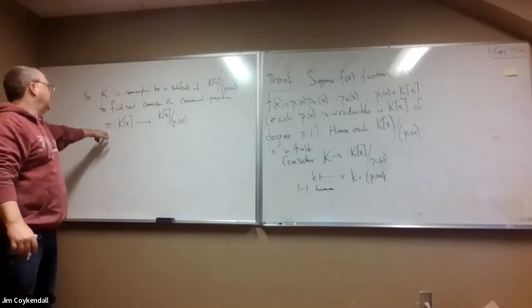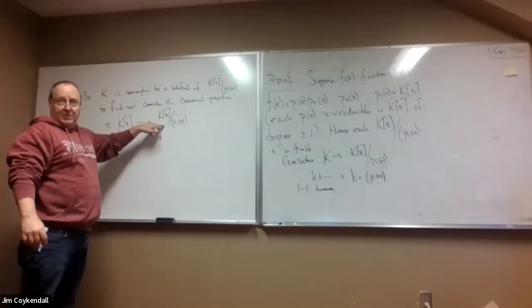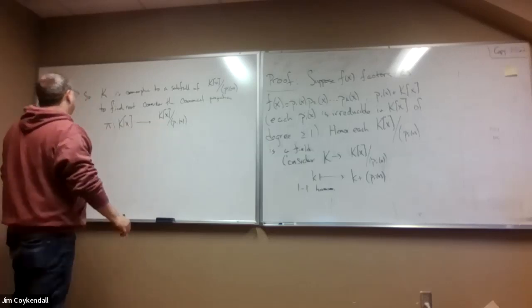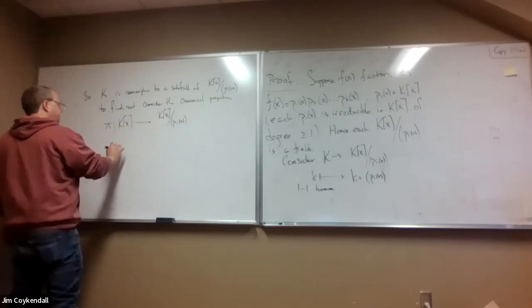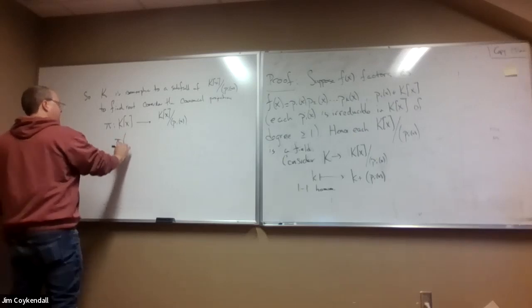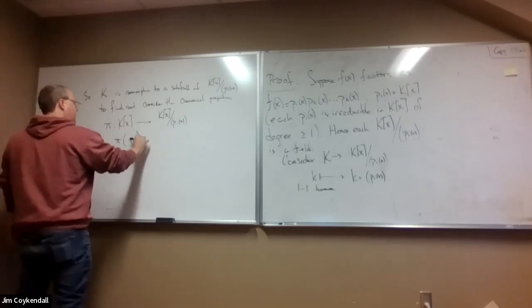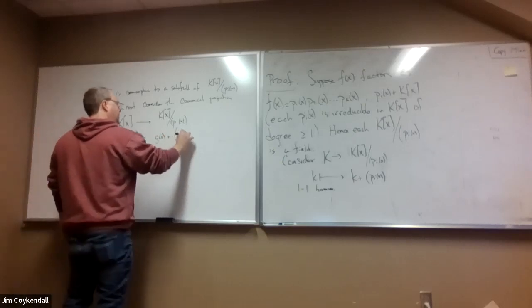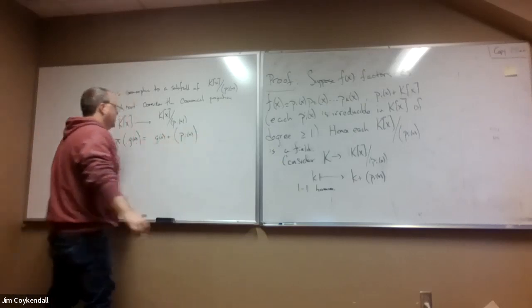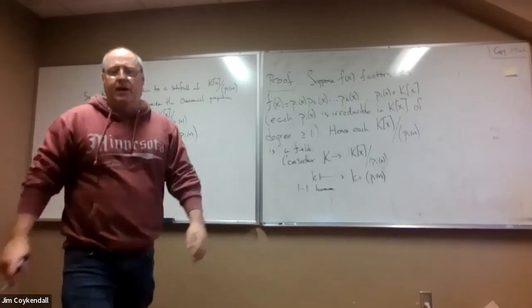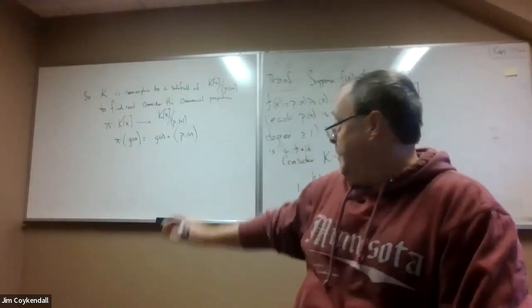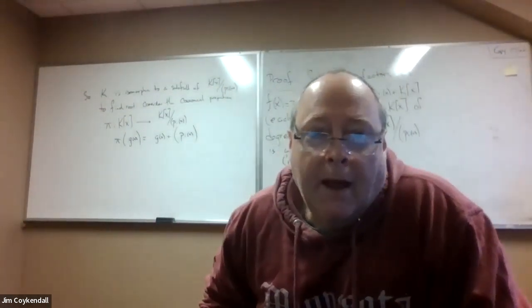Consider the homomorphism that goes from K[x], the field K[x] mod π(x), given by g(x) to the coset g(x) plus π(x).